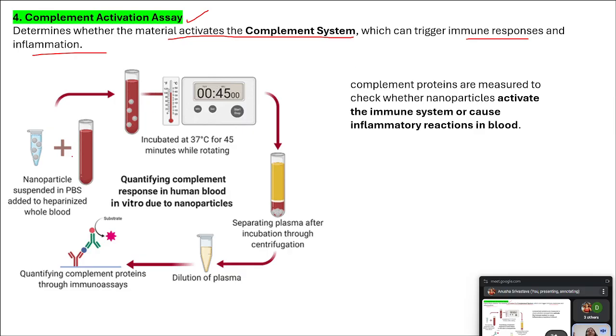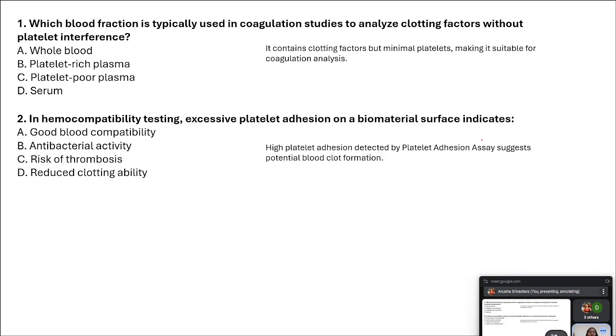So if after treatment with a nanomaterial there is presence of complement system proteins that you can identify, then it is not good. Complement proteins are measured to check whether nanoparticles activate the immune system or cause inflammatory reactions in blood. So these are four common assays that are done to check the hemocompatibility of a compound.